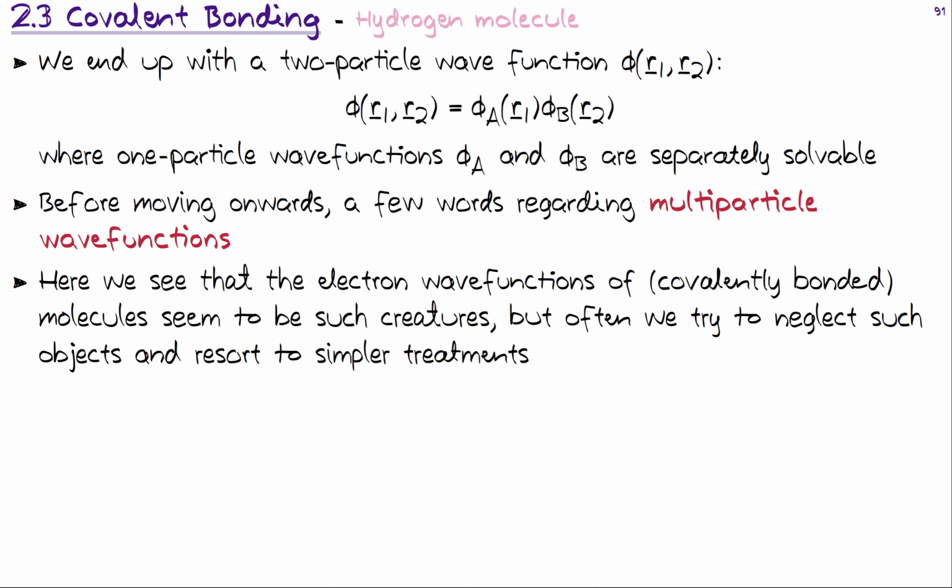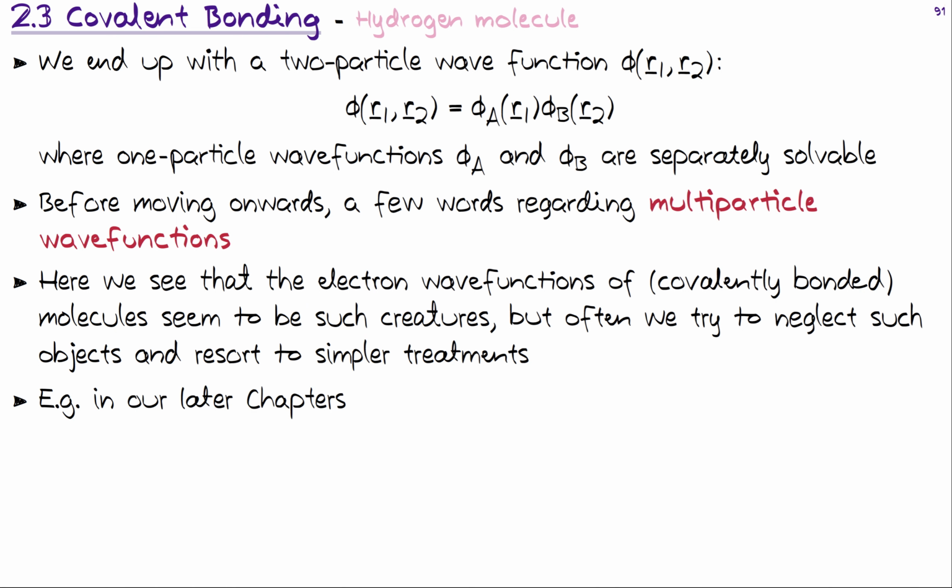But usually we resort to approximations, and we really neglect the fact that there are actually many-body objects, many-electron states. And instead we approximate things because it's far easier.